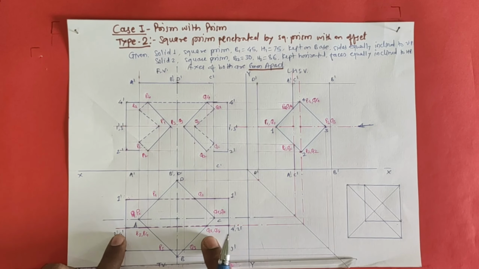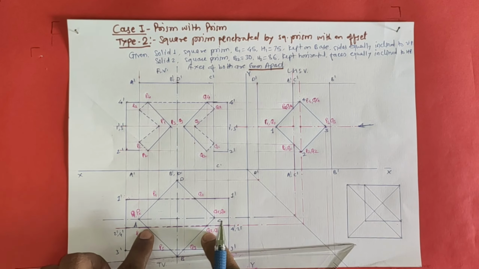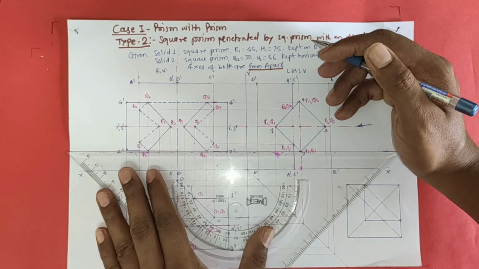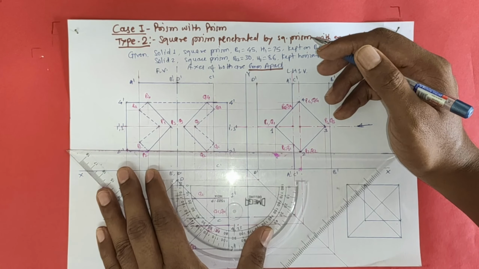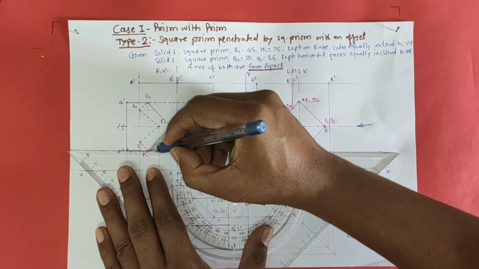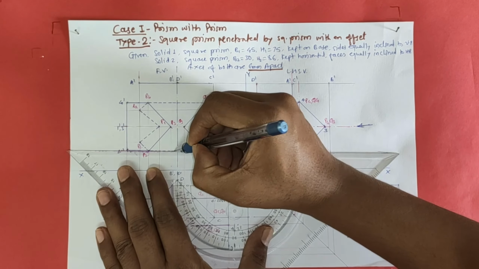Next, similarly 2 2 dash: up to P2 and Q2 it is dark, and P2 Q2 in between is hidden.